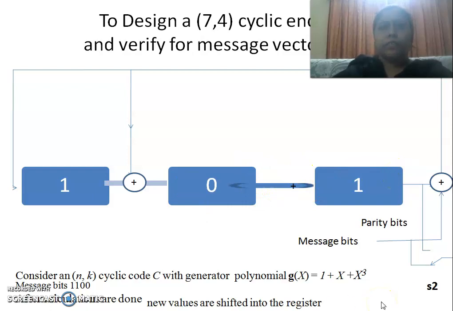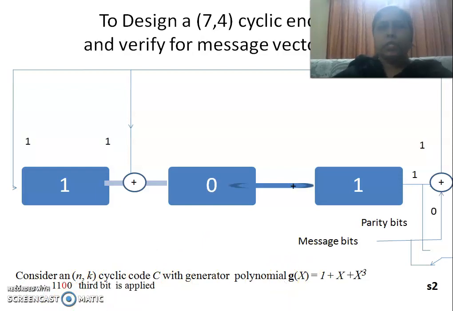Next we need to apply the third bit 0. When you apply the third bit 0 here, it is exclusive ORed with the output of register R2, and you get 1 here as the output of this exclusive OR gate, and that 1 is given as input to the register R0 through switch S1, and also to the input of this exclusive OR gate.